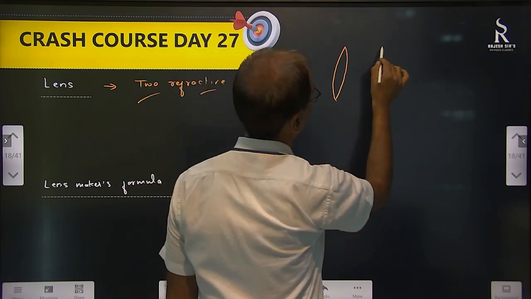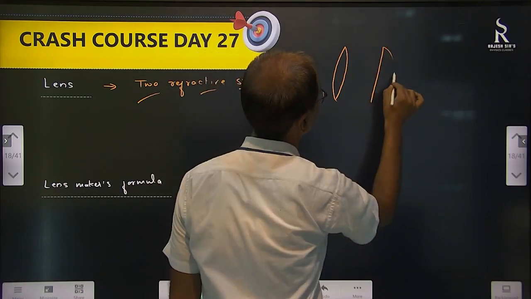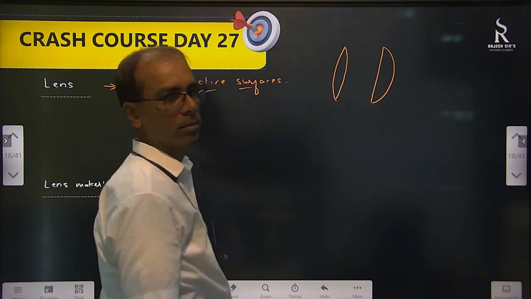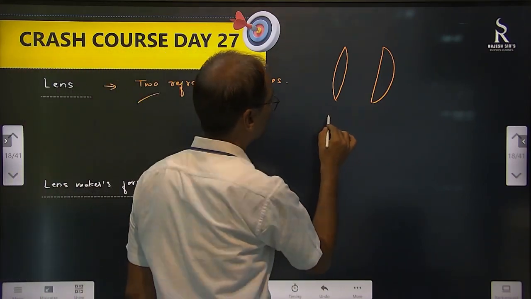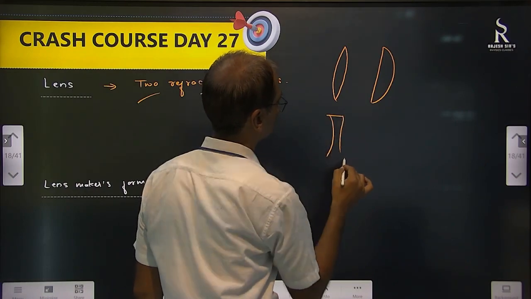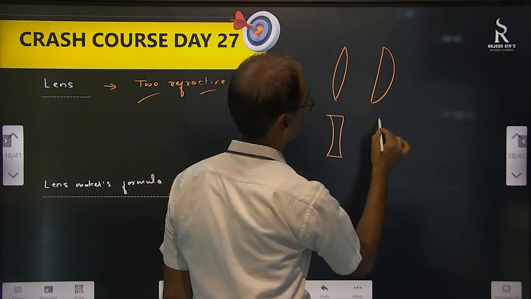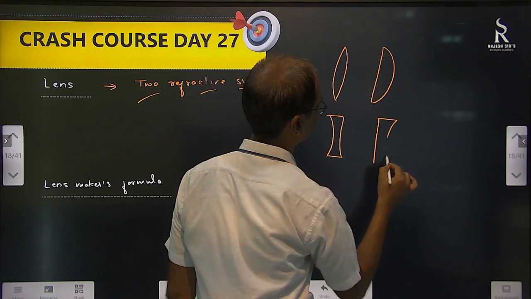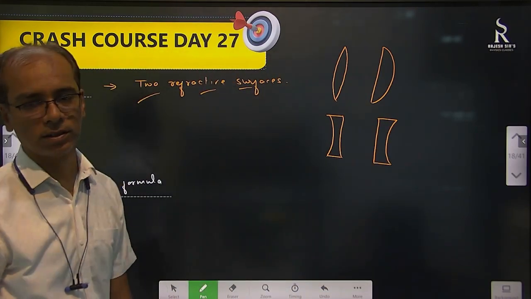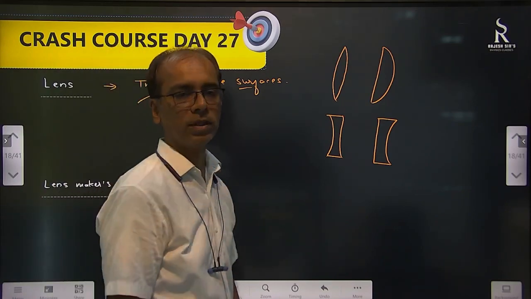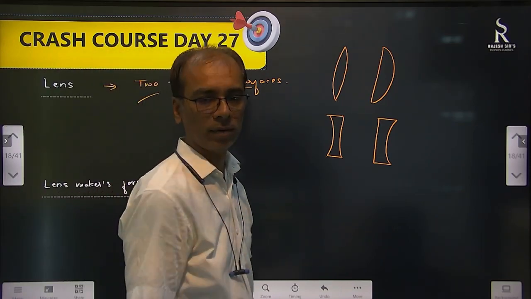Or we talk about plano-convex. Mostly we'll talk about this. Or biconcave, or plano-concave. Very rarely we'll be talking about the third type of lens. Either you say concavo-convex or you can say convexo-concave.